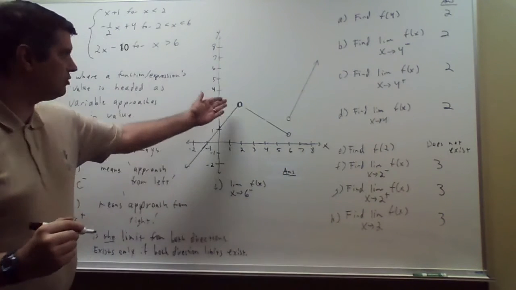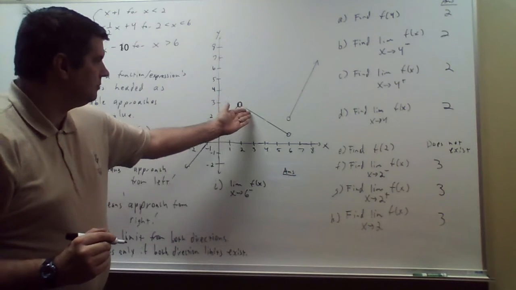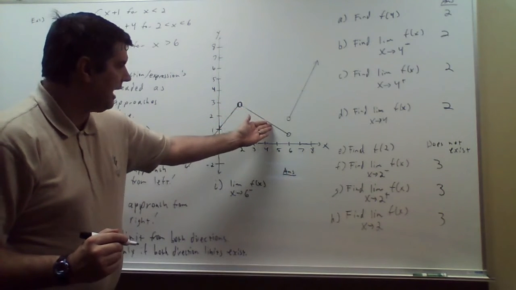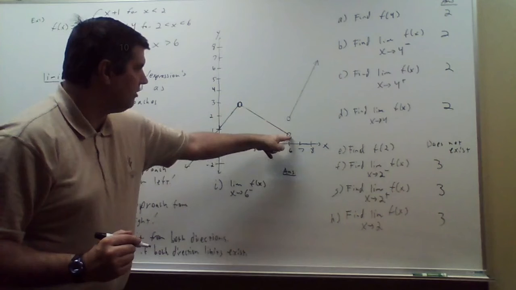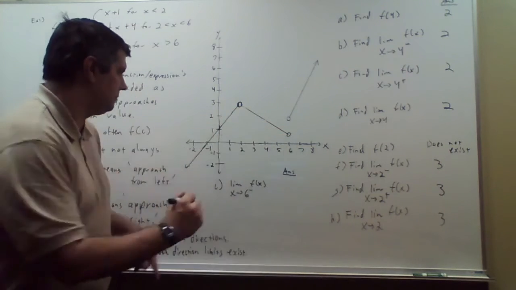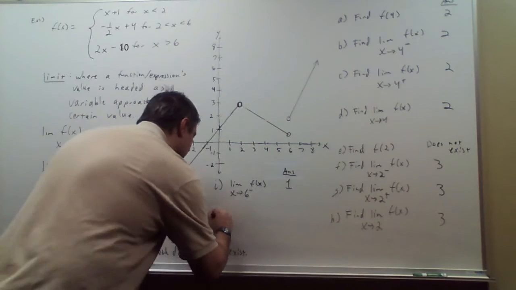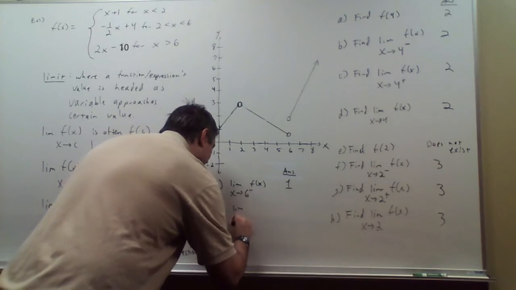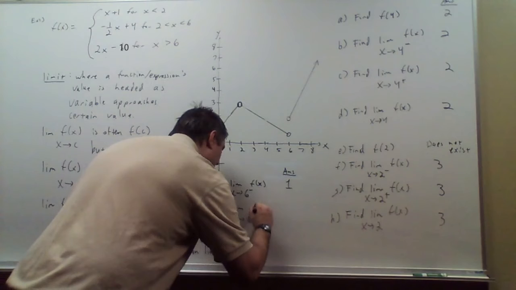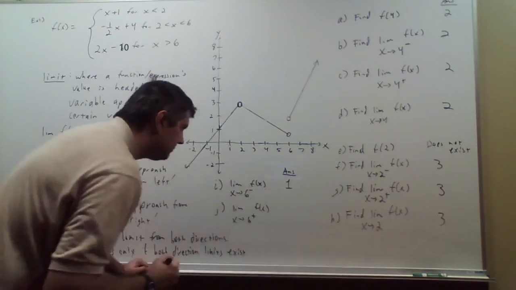So as I approach from the left, follow, follow, follow, follow. The function value is headed to 1 from the left. Next, limit as x approaches 6 from the right of f of x.